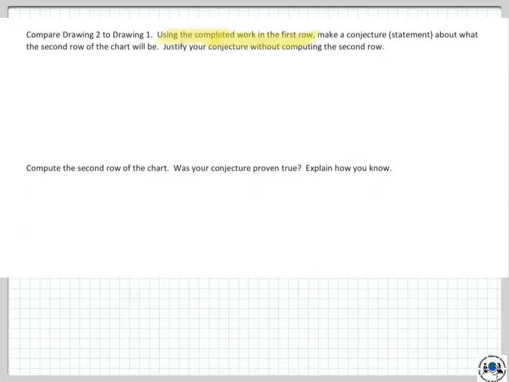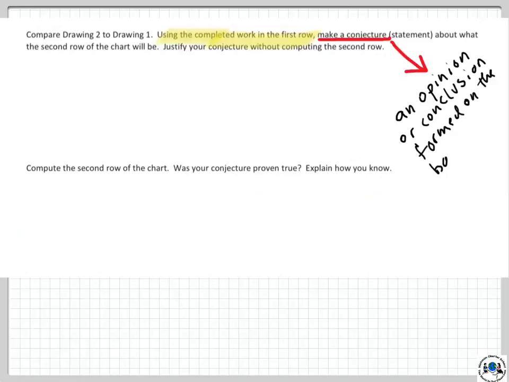A conjecture is an opinion or conclusion formed on the basis of incomplete information, so we don't have all of the information. What we do have is the information that we have collected from row 1. Based on that, we are going to make a conjecture about what we're going to see in the second row.